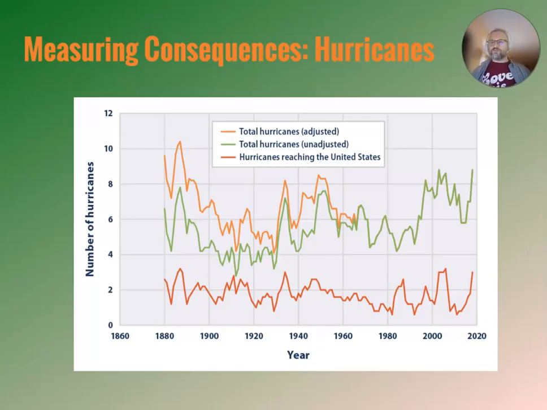So the record of hurricanes in the United States is pretty easy to put together because whenever a hurricane would hit the United States, somebody would notice, somebody would make a record of it, right?